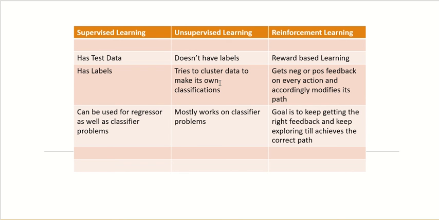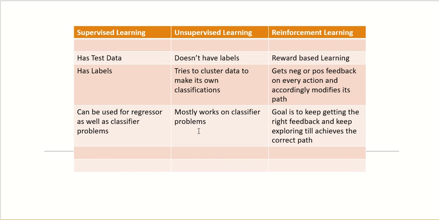Now unsupervised learning, they do not have labels. The model tries to cluster the data into different classifications without even knowing the names of the classifications. It will just try to understand that this set of features belongs to a different classification, the other set of features belongs to another classification, and it tries to separate them.